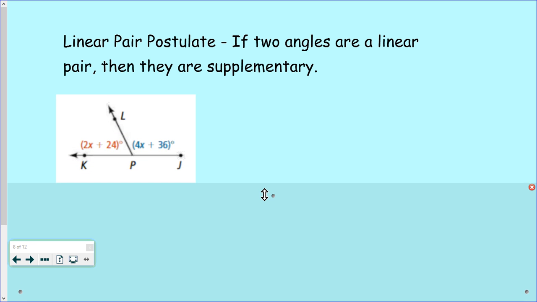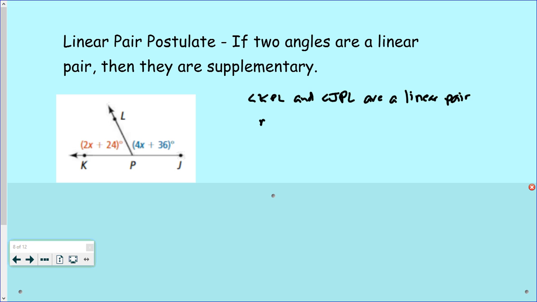So in this diagram, angle KPL and angle JPL are a linear pair. They share side PL, and their other two sides form line KJ.